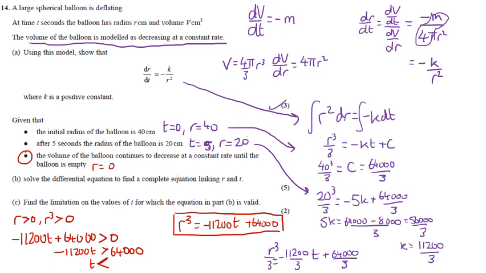So we get 64,000 divided by minus 11200, which simplifies to 40 over 7. So t must be less than 40 over 7 for this to be valid. If it was more than 40 over 7, then you would have some negative radius, which doesn't make sense.